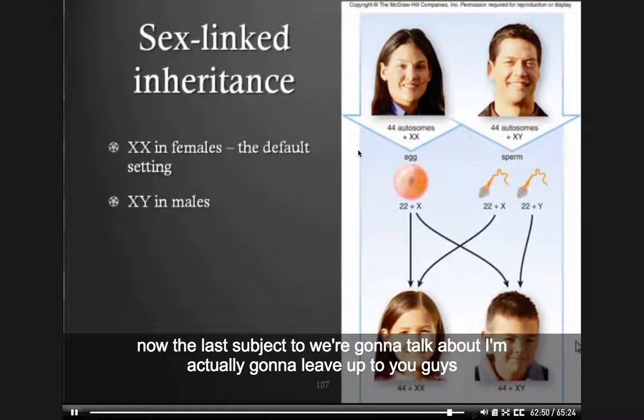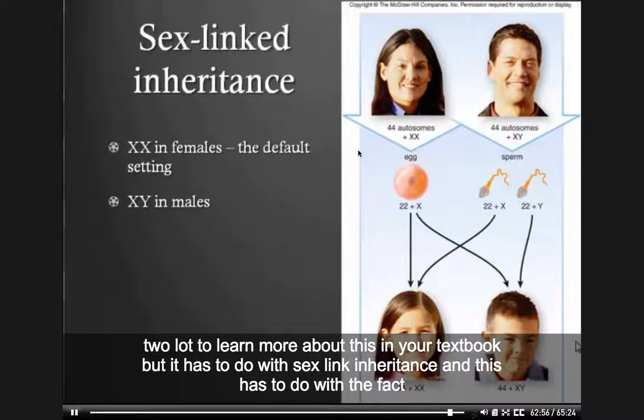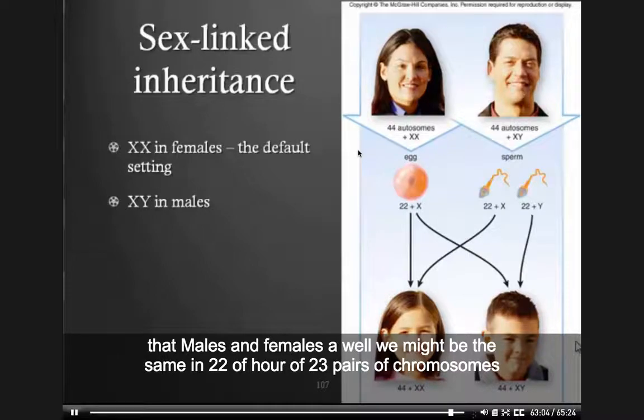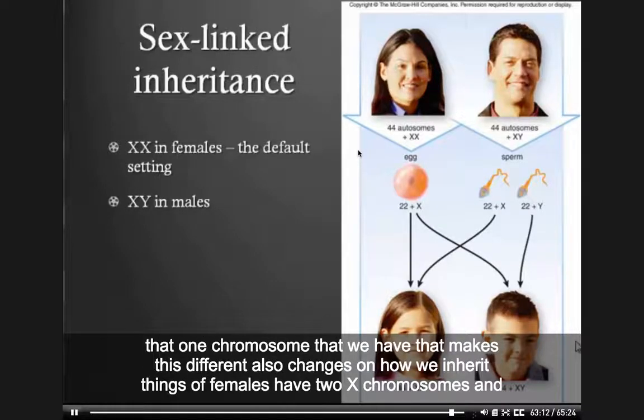Now, the last subject that we're going to talk about, I'm actually going to leave up to you guys to learn more about in your textbook, but it has to do with sex-linked inheritance. And this has to do with the fact that males and females, while we might be the same in 22 of our 23 pairs of chromosomes, that one chromosome that makes us different also changes how we inherit things.